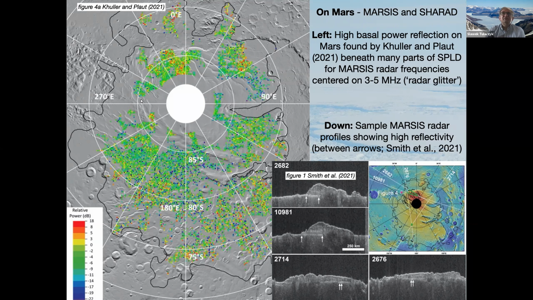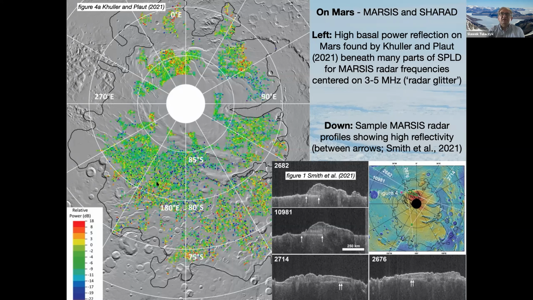This is shown here in terms of the relative power coming from the bed relative to the reflection from the surface of the South Polar Layered Deposits. And that's expressed in dB color scale right there in the left corner.